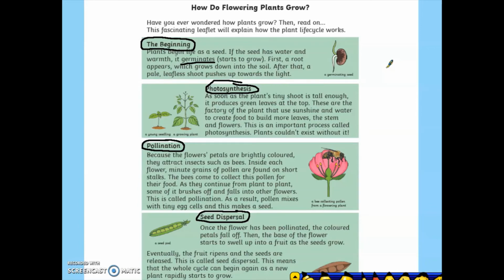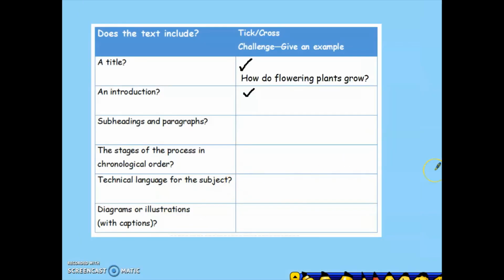So you're going to look through the text and underline any technical language that you find. And again, you would go back to your features table, tick if you found some, and then write any technical language that you found. So we found germinate. You might have found lots more than that.